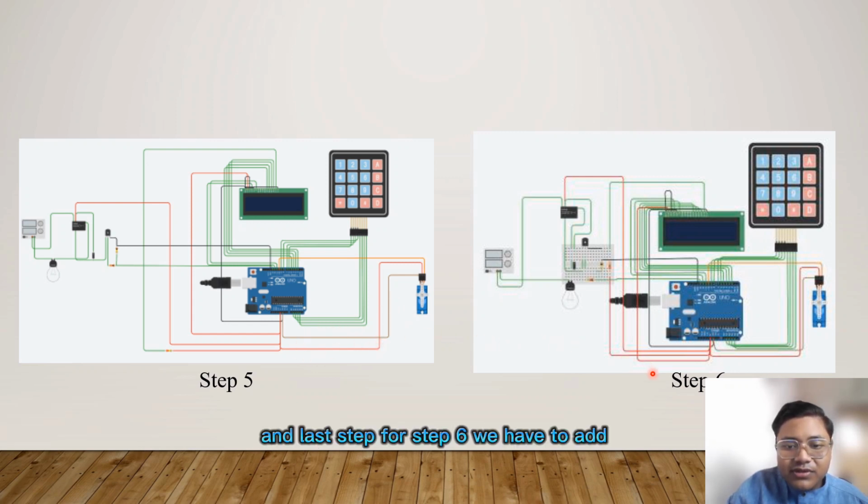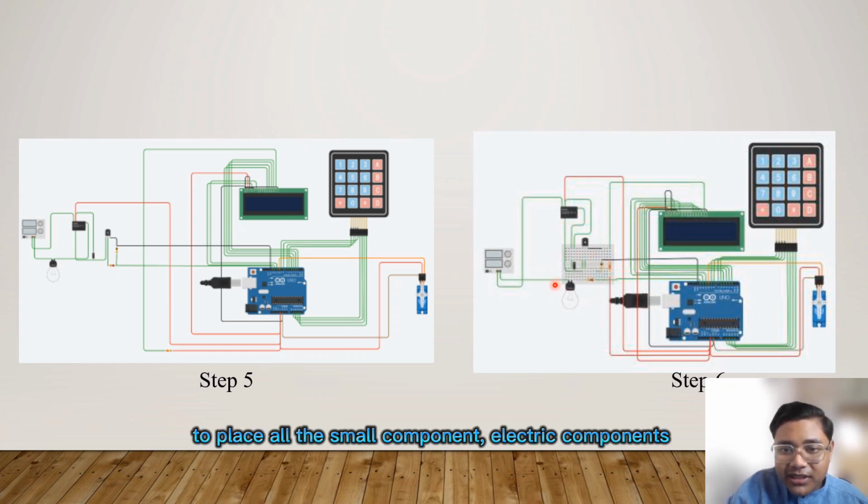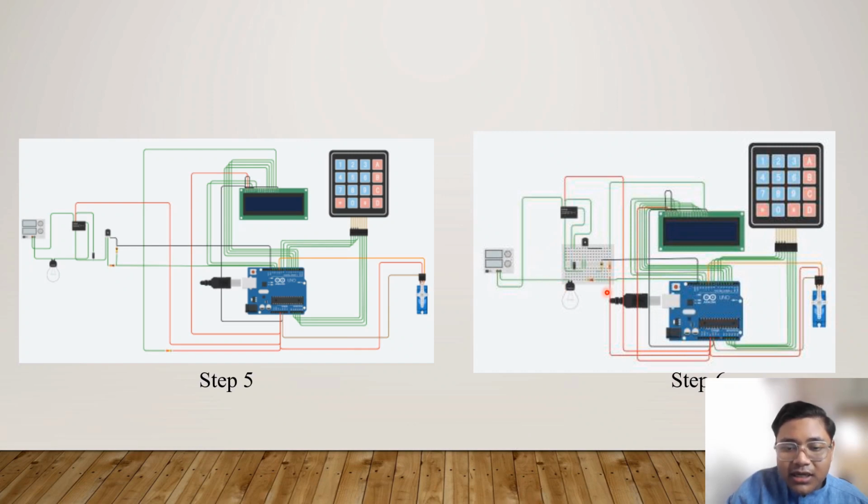And last step, for step 6, we have to add mini breadboard to place all the small electric components, to make it more tidy. The electric components such as transistor, resistor, and light bulb.